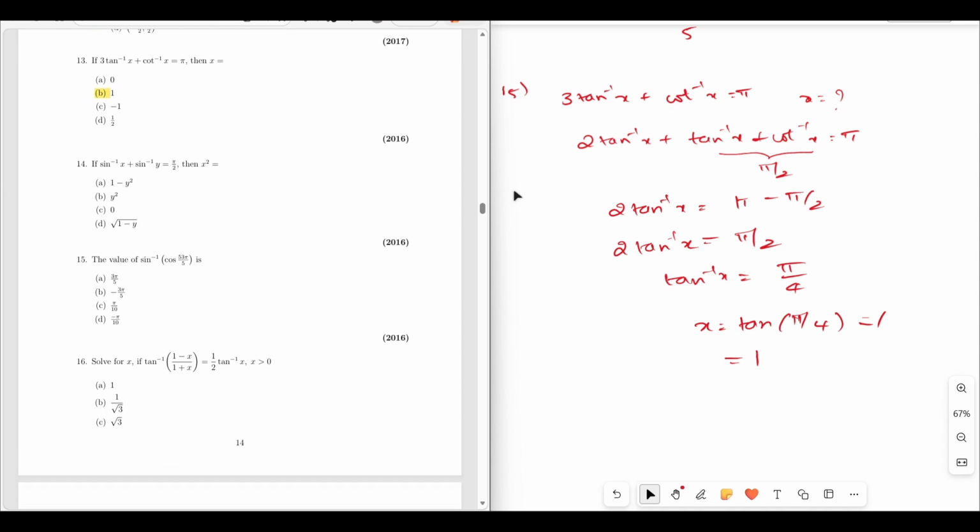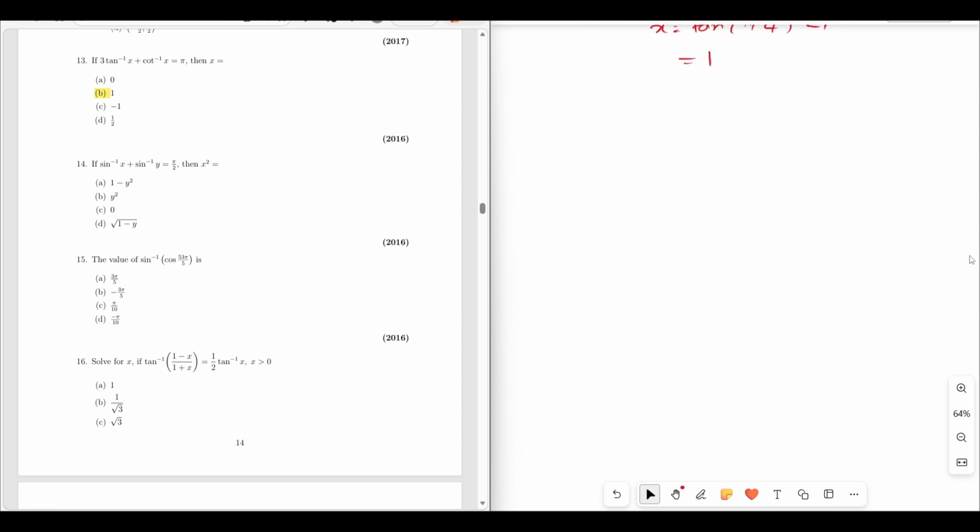So next, similarly you have one more question from the year 2016. Sin inverse x plus sin inverse y is equal to pi by 2, then x square is equal to. You're supposed to find the value of x square. So now what we will do is simplify this equation.